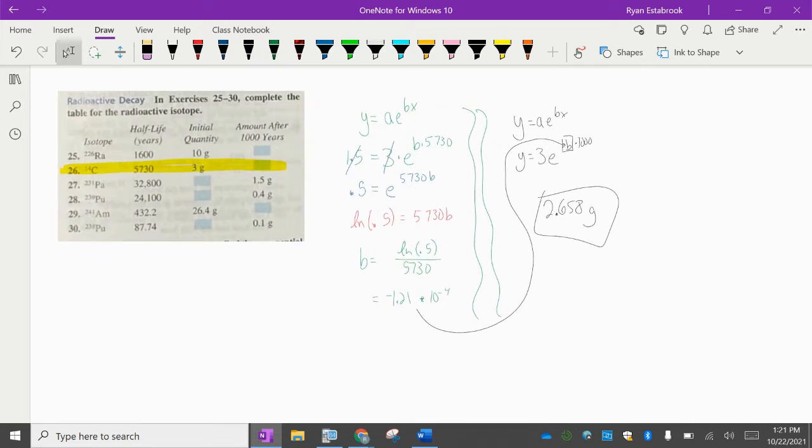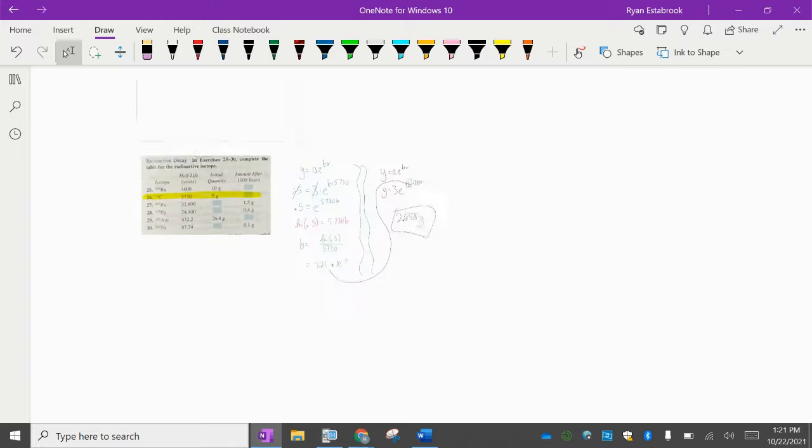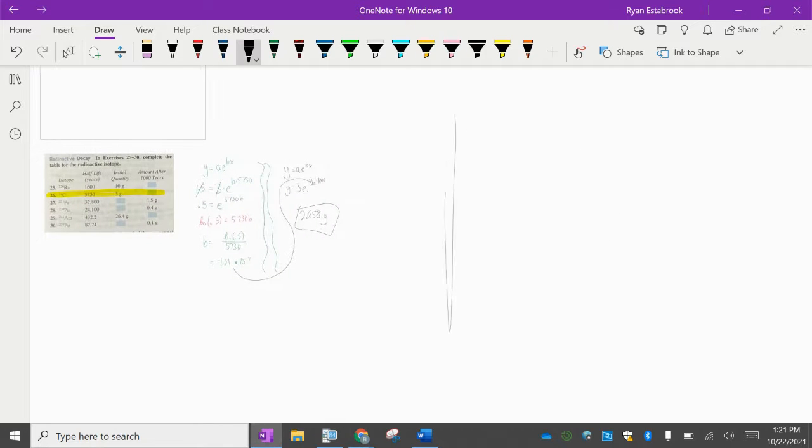Why did they say half-life? Let's say someone is standing right here, and he has hair that looks like this, with a mask on, and he's walking towards the wall.